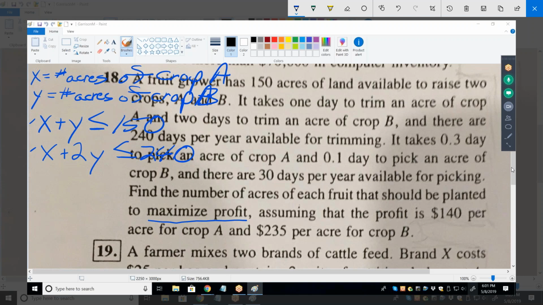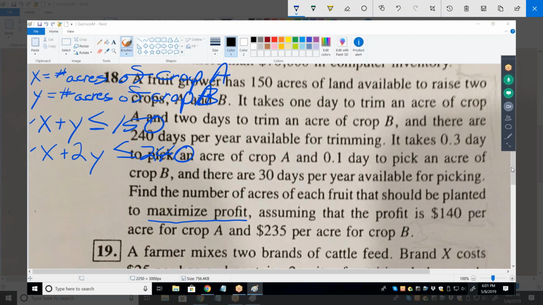Now, it takes 3/10 of a day to pick an acre of crop A and 1/10 of a day to pick an acre of crop B. And there are 30 days per year available for picking.